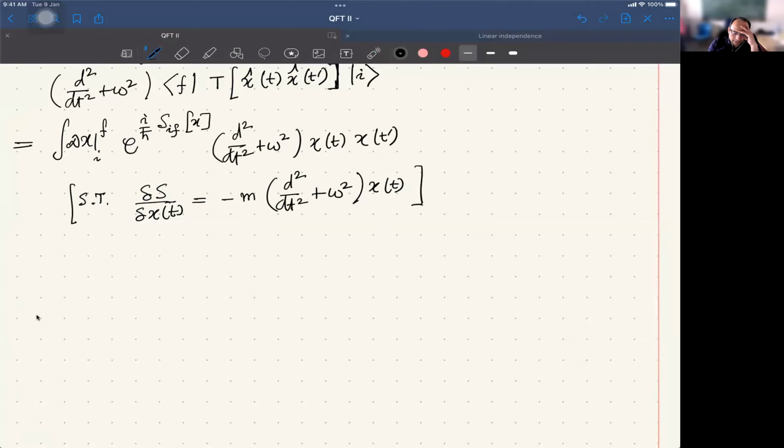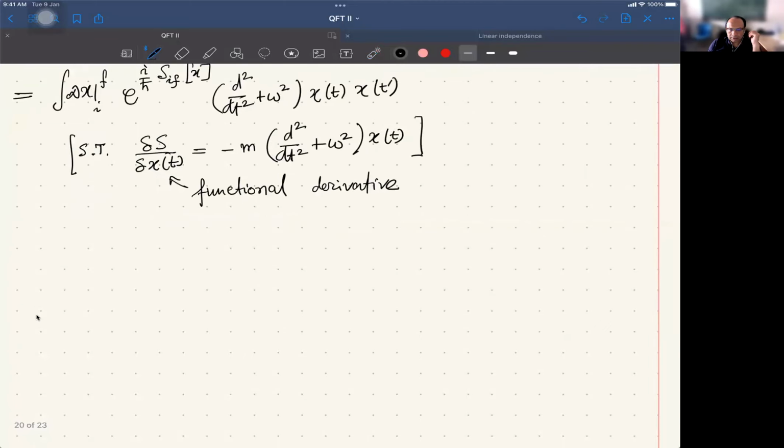Now this is a functional derivative. Let us assume this result, and we can discuss functional derivatives separately if needed.